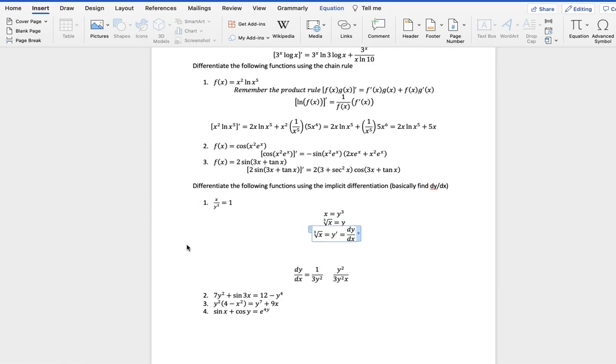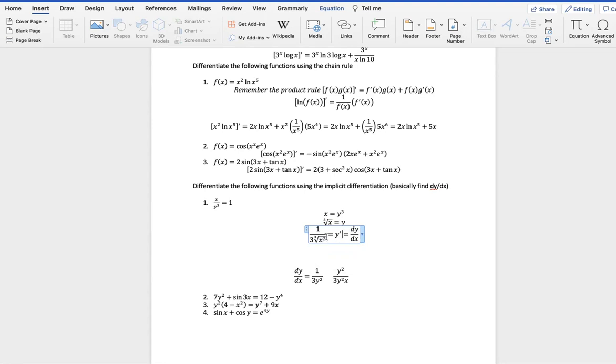So dy dx is equal to the derivative of the cubic root of x, which is 1 over 3 times cubic root of x squared.